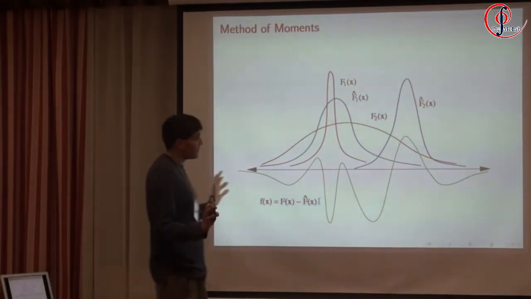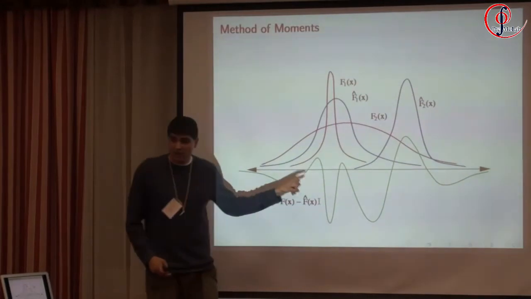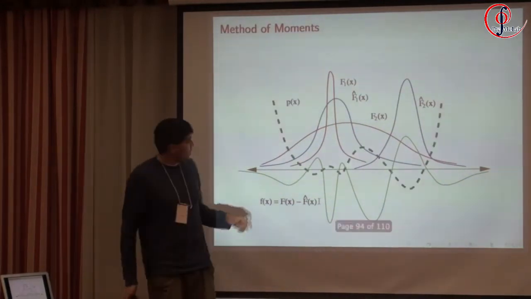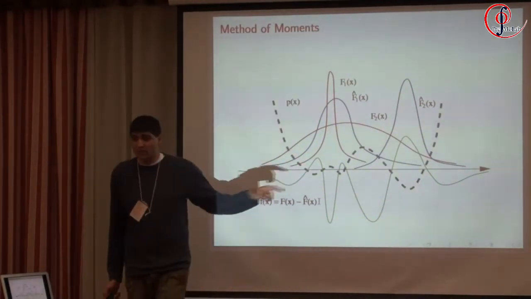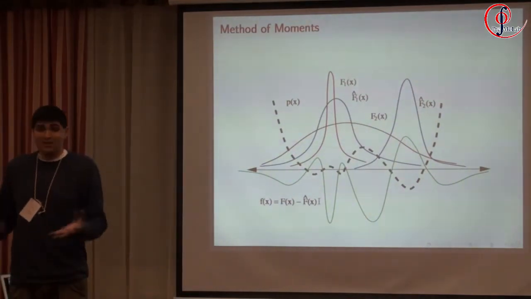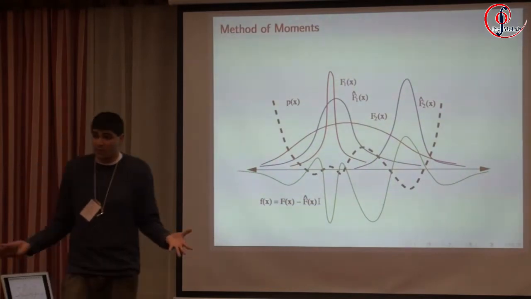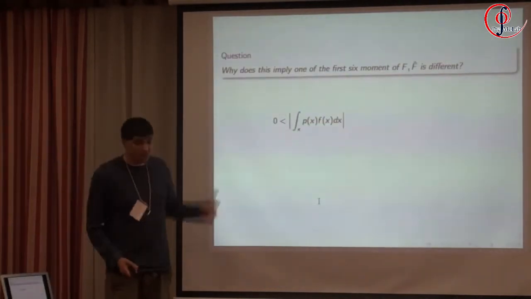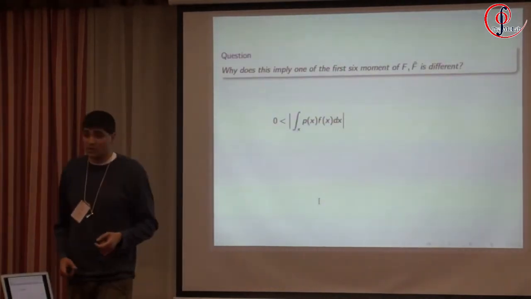Because what if, hypothetically, it only ever crossed the 0 axis at most 6 times? What I claim is we could then fit a degree 6 polynomial to the sign difference. And that will imply that they differ on one of their first 6 moments, because they have different correlations with some degree 6 polynomial.